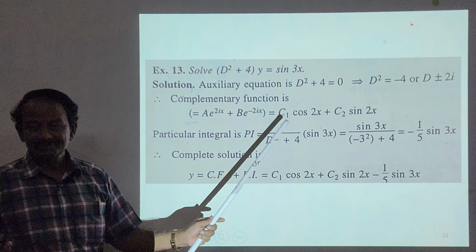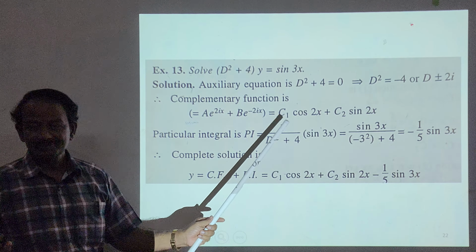Now you have to go with particular integrals. So 1 divided by your auxiliary equation multiplied by x squared. For polynomial, you make the denominator into a binomial expression.